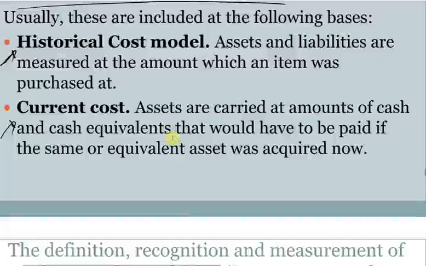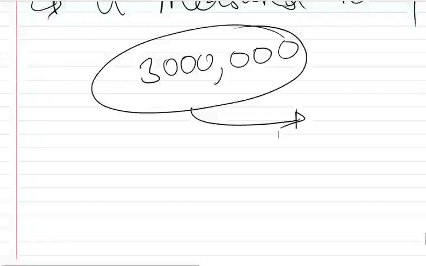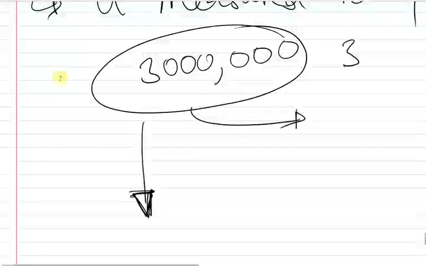So let us talk about the current cost. The current cost, we're saying the asset will be carried at an amount of cash and cash equivalent that would have to be paid if the same or equivalent asset was to be acquired. I bought the asset 3 years ago, but today, if I want to replace it, how much will I pay for the same kind of asset? Maybe today I might buy the asset at 4 million.